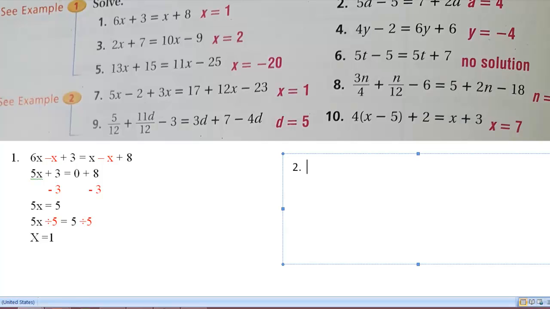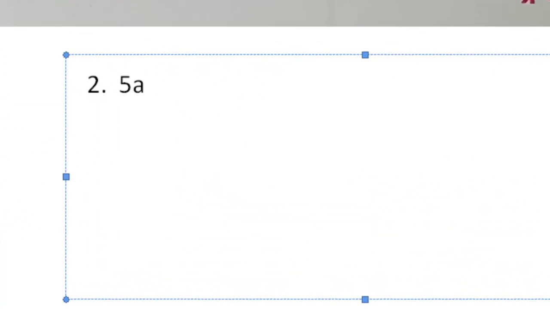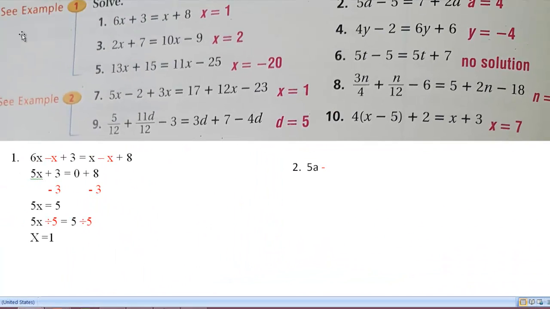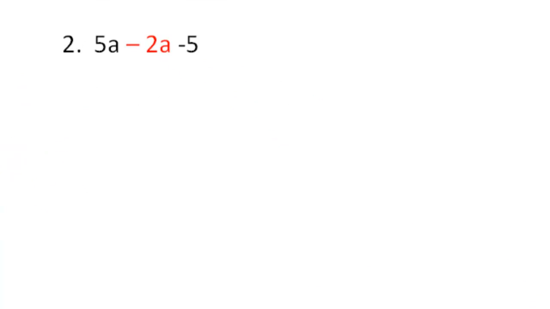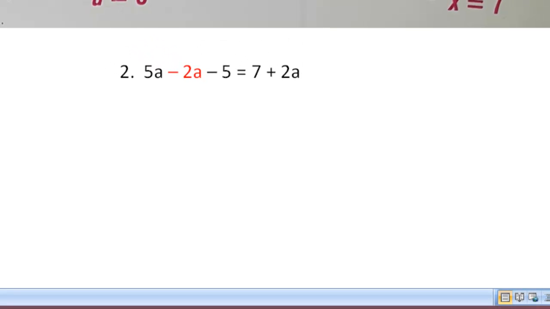We have 5a minus 2a, and then negative 5 equals 7 plus 2a, the original one, and then negative 2a, the one that I subtracted.